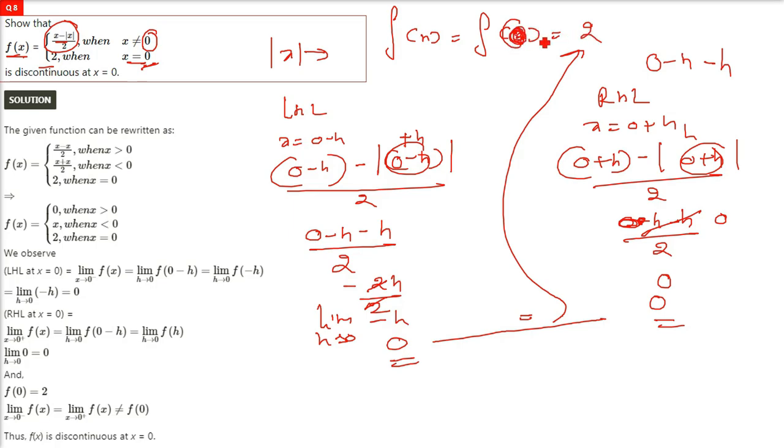So you can just say that it is discontinuous at x equals 0. The value of the function and the limit are not matching, though the left hand limit and right hand limit are matching.